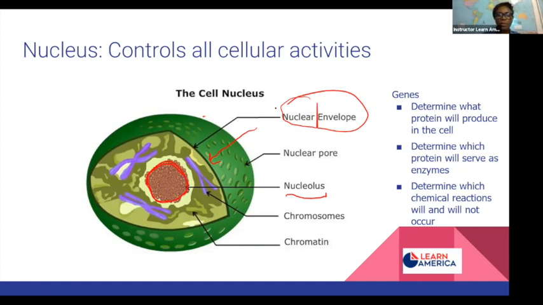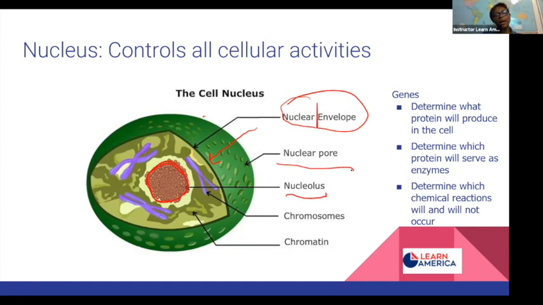We don't want all the materials that are inside of the nucleus to be able to leave the nucleus. There's certain things that, if they leave the nucleus and end up in the cytoplasm, the pH of that environment and the enzymes found in that environment could destroy the genetic information. Also here we see the nuclear pore that allows materials to pass in and out.